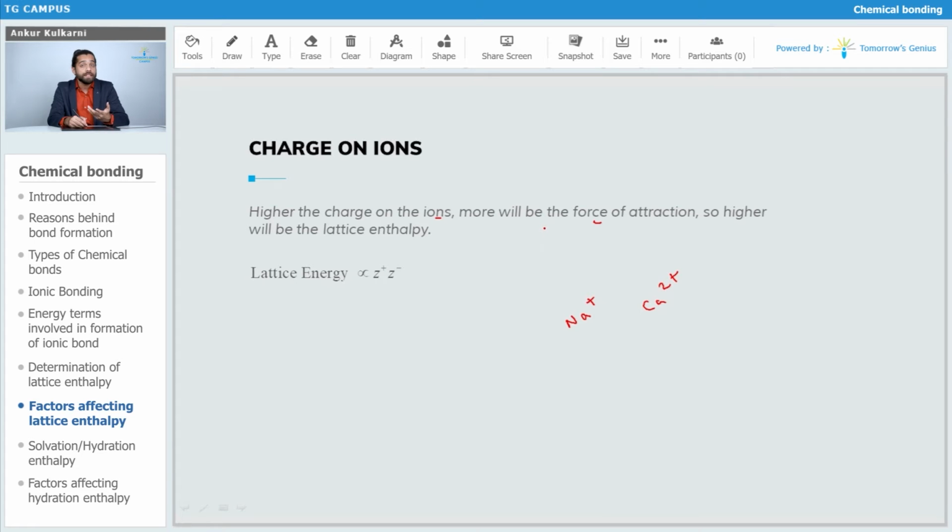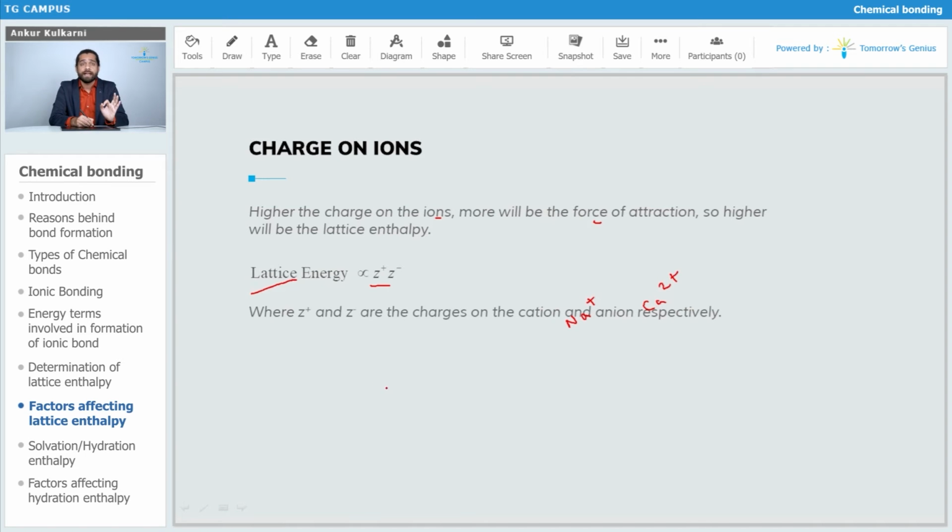So what does it mean? That means it has higher lattice enthalpy. Is this clear? Very clear, no doubt in this. Let's move ahead. From what we have discussed, we can infer that your lattice energy, or lattice enthalpy, is directly proportional to the charges. Now what are your charges?